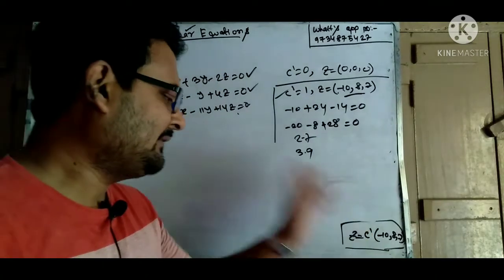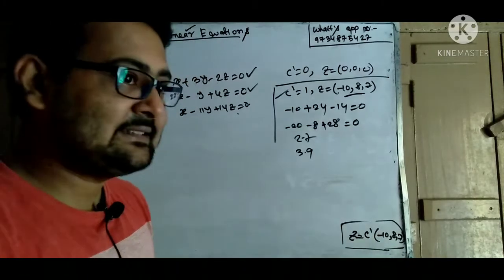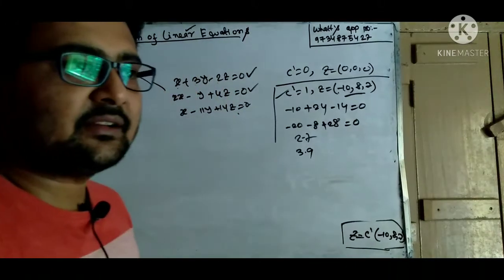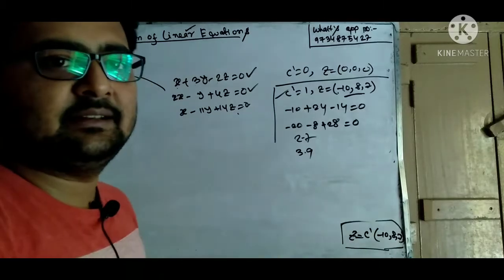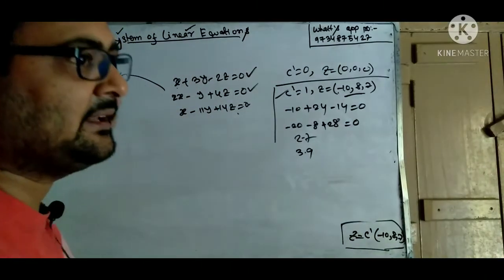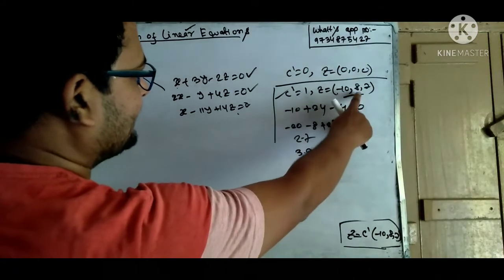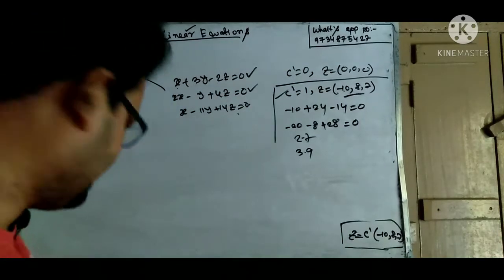That means infinitely many values of C dash exist. Therefore, solutions of the system of linear equations also exist infinitely. That means the system will have infinitely many solutions. One is 0, 0, 0, another is minus 10, 8, 7, another will be if we take C dash equals 2 or 4, 5, etc.